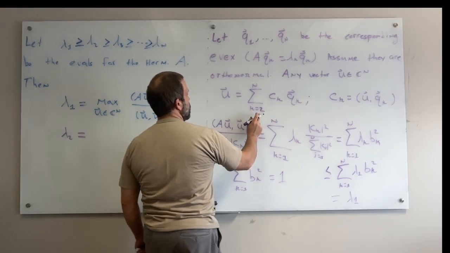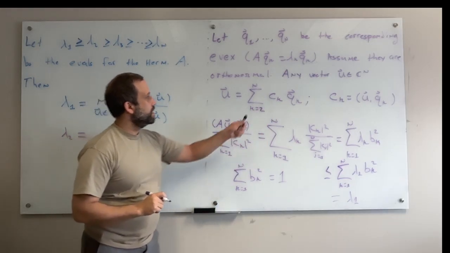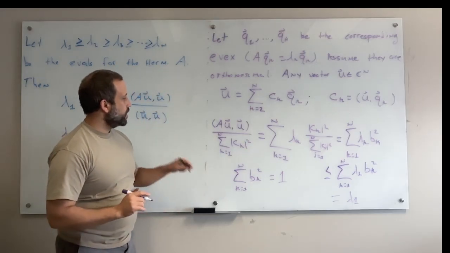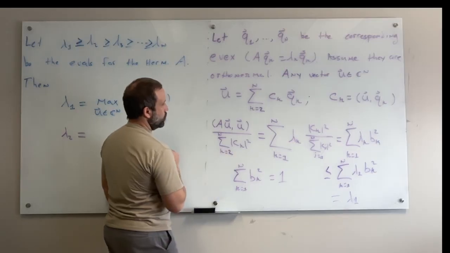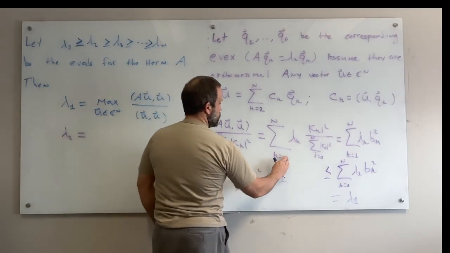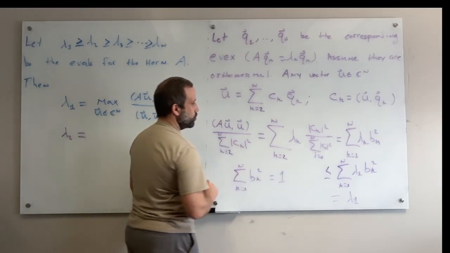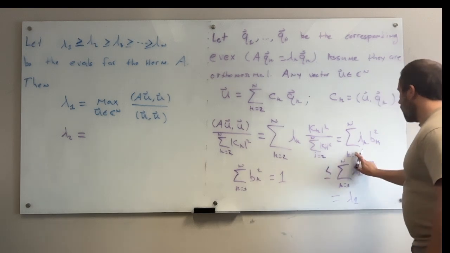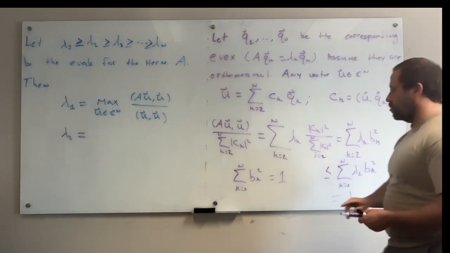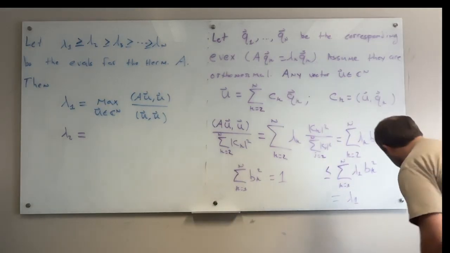So we've got the sum k equals 2 to n, ck qk. Notice we can do everything. So this is going to be k equals 2 right here. This is going to be j equals 2, and this is going to be k equals 2. Okay?